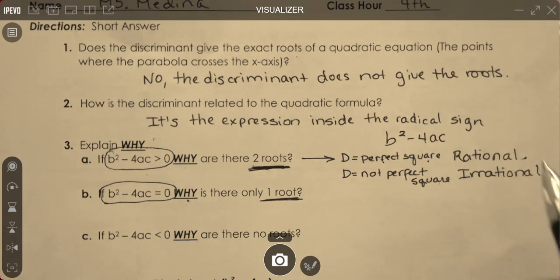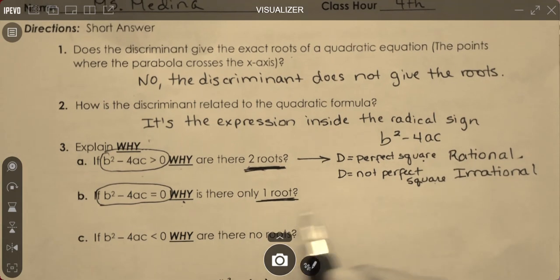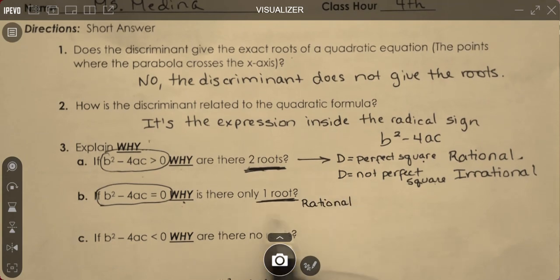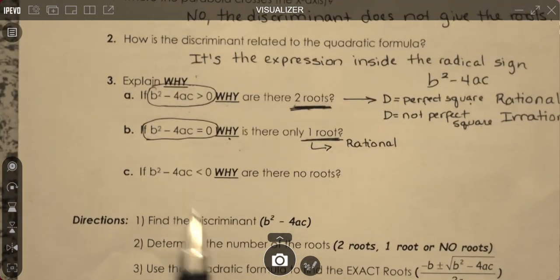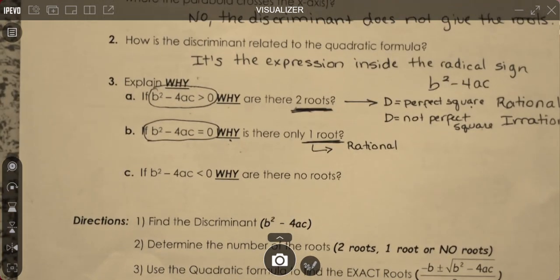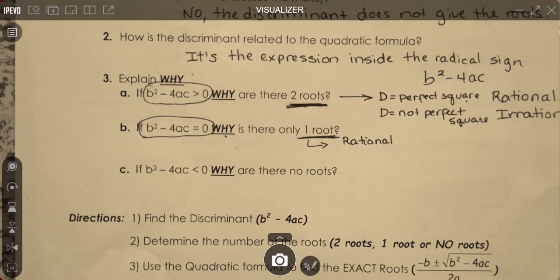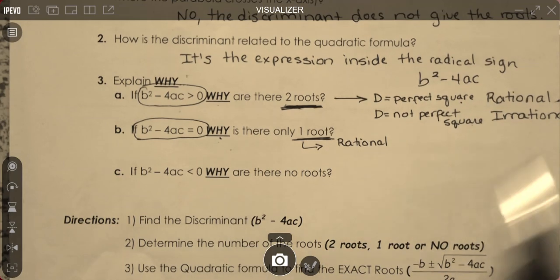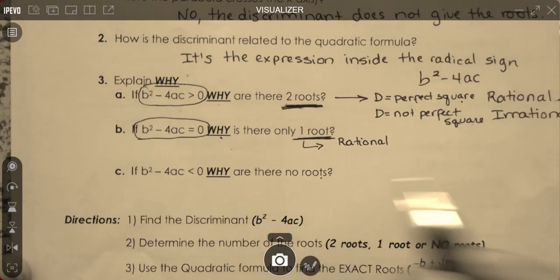The only time you get a choice is over here. Over here is going to end up being rational. If the discriminant is less than 0, there's going to be no roots because we can't take the square root of a negative number.